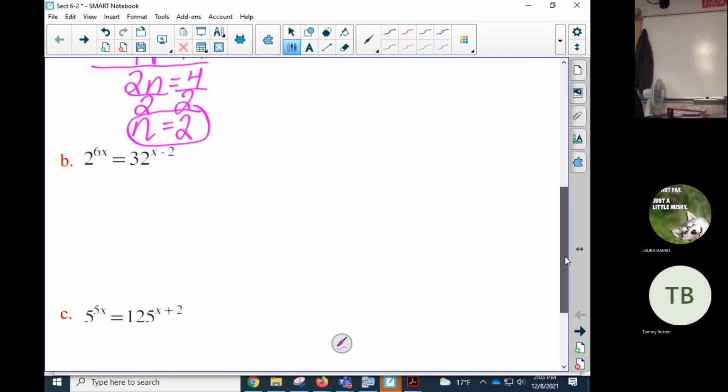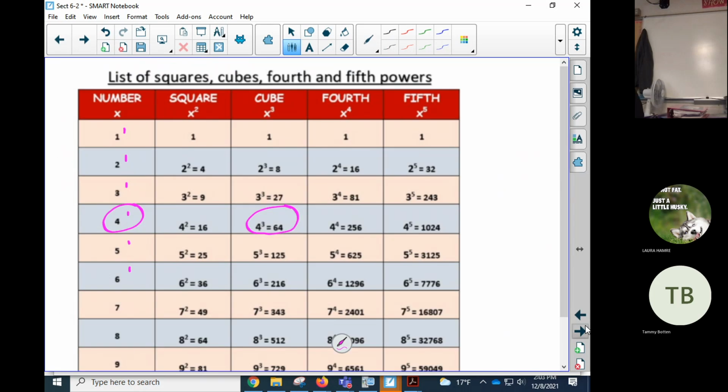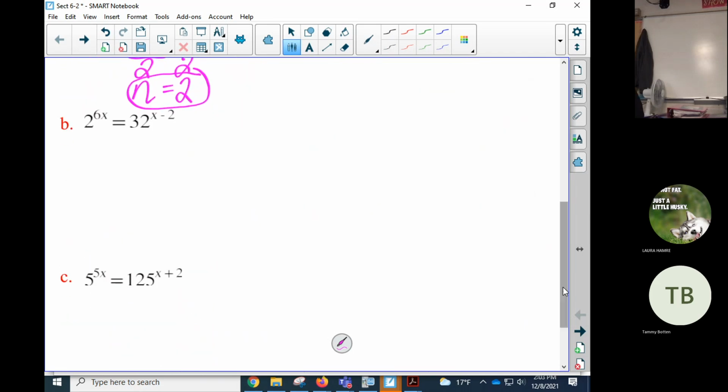Okay, so if you look at this, you have a 2 and 32. That 2, we can't break down at all, so it's just gonna stay as 2. And if you look over here, 2 to the 5th is 32. Okay? So if I go back, I'm gonna leave the 2 as is.